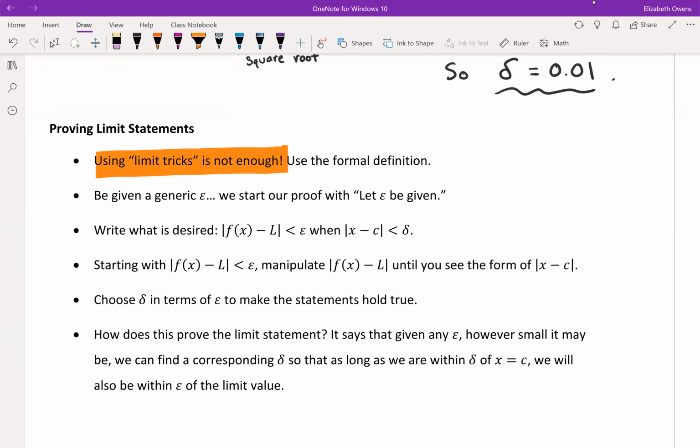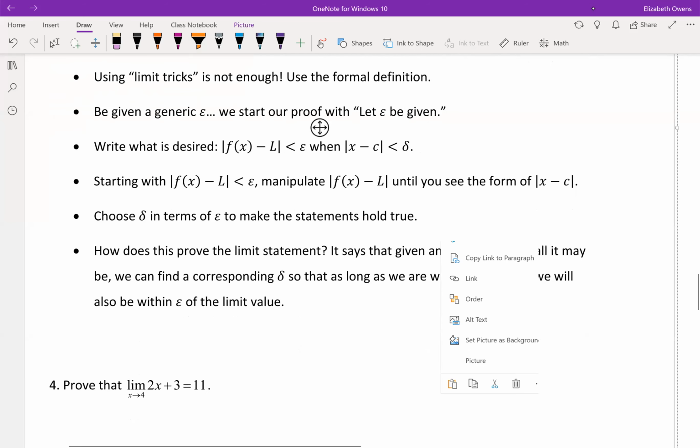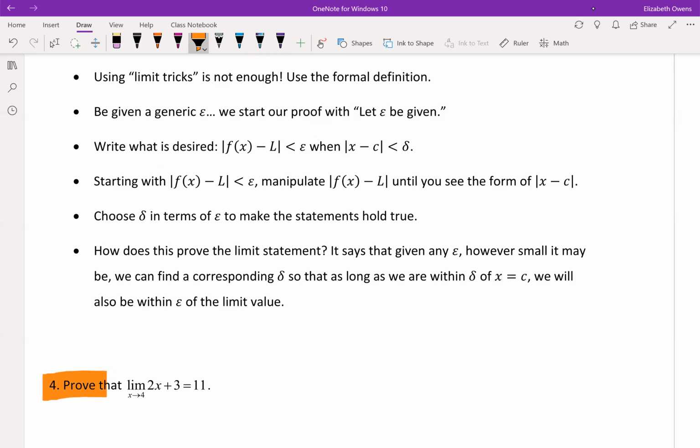Okay, so a proof type of problem, a proving limit statement problem, will look something like this example right here. It will say something like, prove that the limit as x approaches some value of a certain function equals a certain number. Now this problem here, proving that the limit as x approaches 4 of 2x plus 3 equals 11, we can tell pretty darn quickly that that is a true statement.